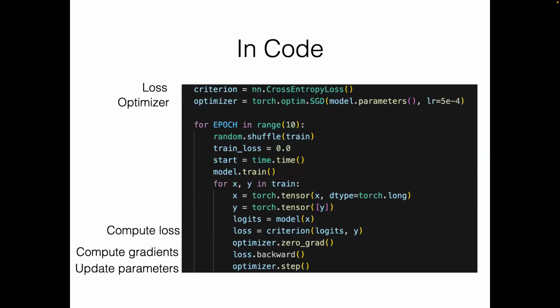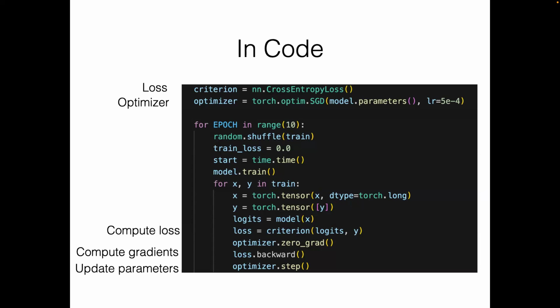So if you use PyTorch and don't implement it all yourself, you'll see this standard training loop. Here you set up the loss and the optimizer, which is using stochastic gradient descent, or SGD.